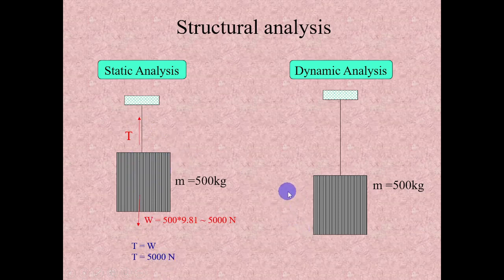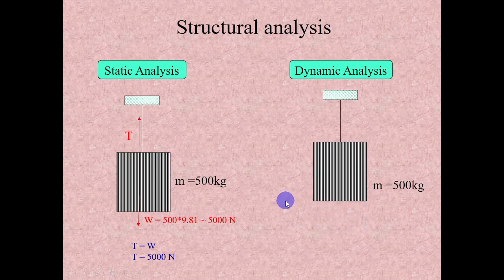Let's consider another case, a dynamic case, where this lift is going to move in the upward direction with some acceleration. If you see the free body diagram for this dynamic case, the tension developed in this rope will be equal to two components. One is the static weight of this lift, and the other component is the inertia force.